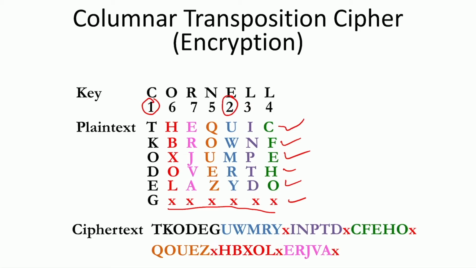And then we're going to read the purple column because we see 3 here. Then we're going to read the green column because we see 4 here. Then we will read the orange column because we see 5 here. And then the red column, and lastly the pink column. Right, so we have this as our ciphertext.